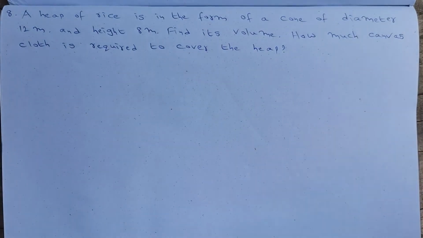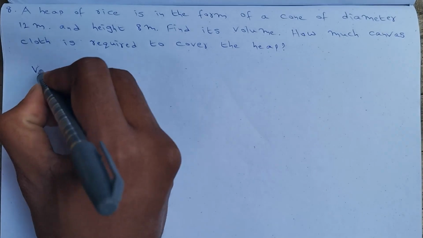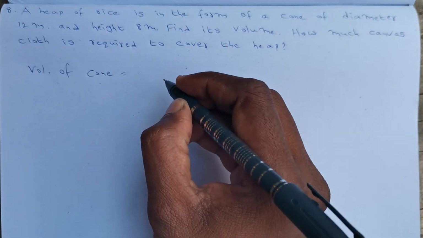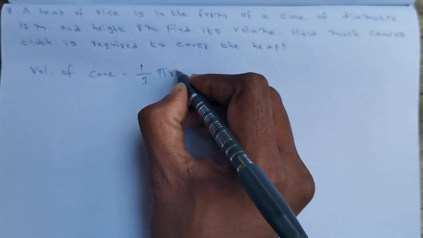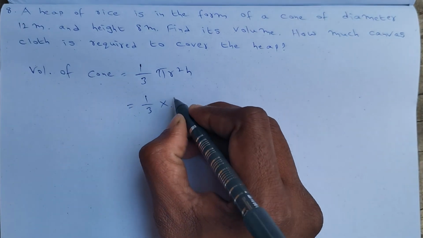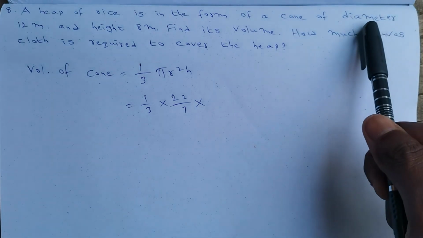Okay. Then find its volume. So volume of cone is equals to 1 by 3 pi r square h, which is equals to 1 by 3 into pi value 22 by 7 into radius.